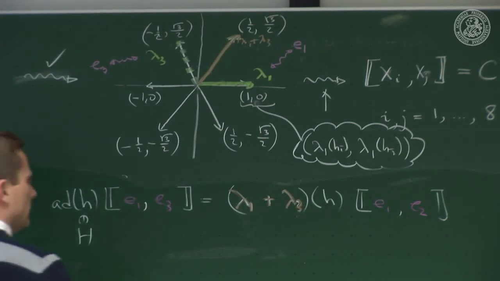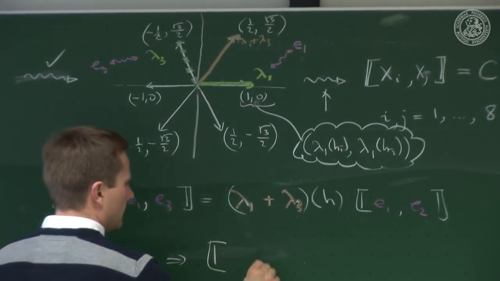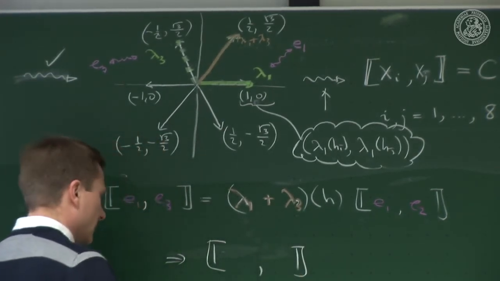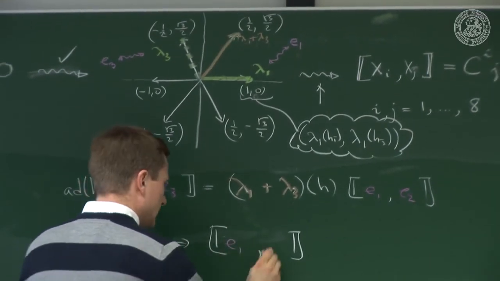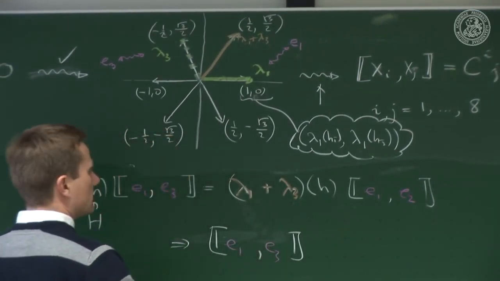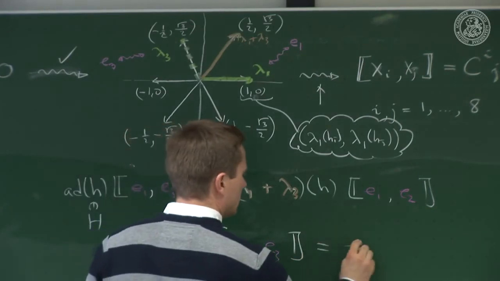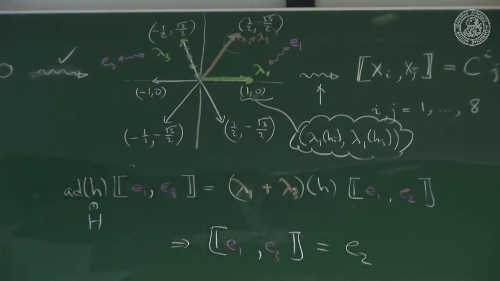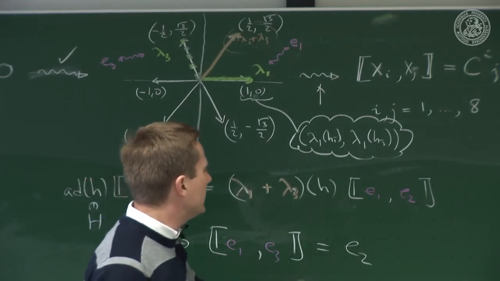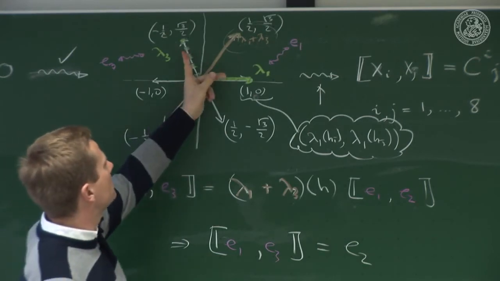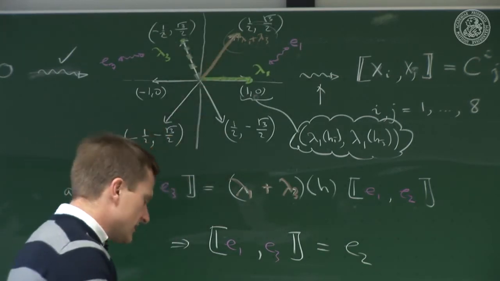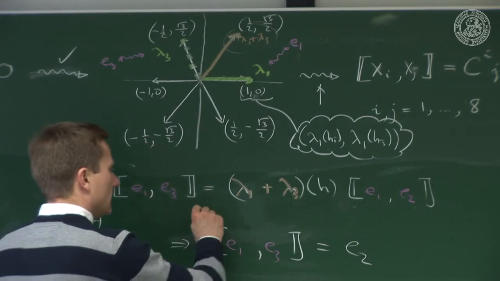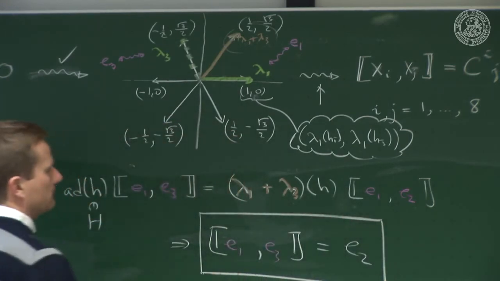That must be the root we found before. So E1 and E3 must be the E2 that corresponds to this root. So we found that the commutator of E1 and E3 is E2 because these two sum up to lie here. So this is one type of relation you get.